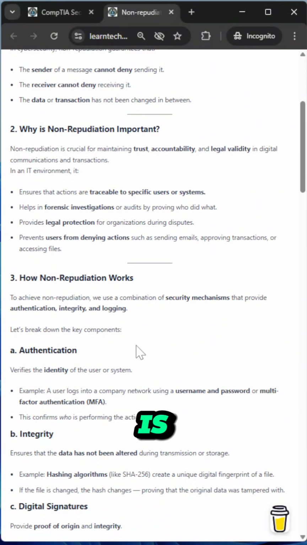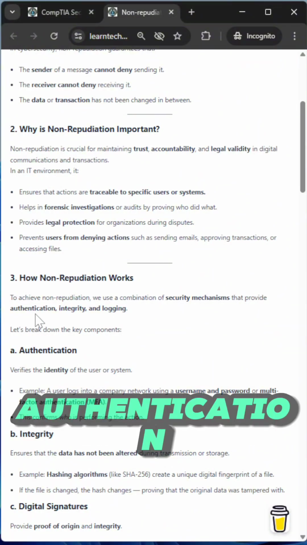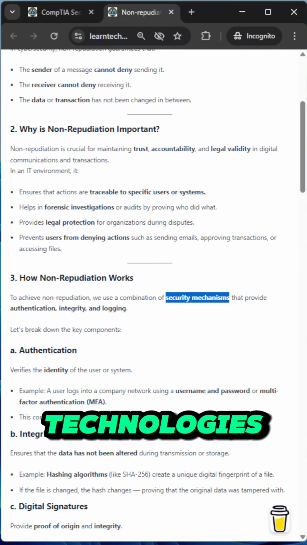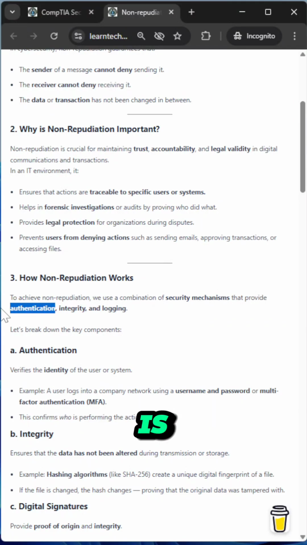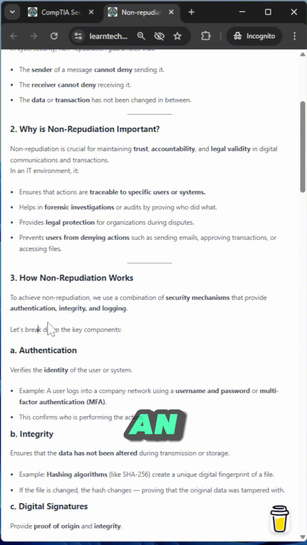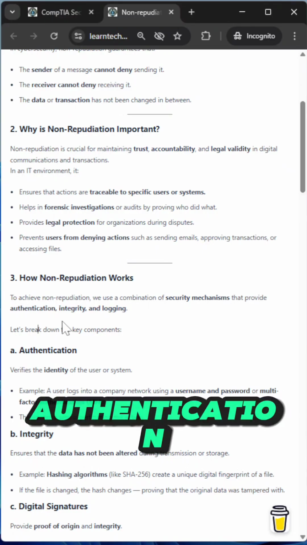And the next thing is how non-repudiation works. It works using different mechanisms: authentication, integrity, and logging. Mechanisms are the different technologies that we use. Authentication is when someone logs in and they have to verify their identity using a password and ID, or multi-factor authentication using an authenticator app or SMS or email code. So that's authentication.